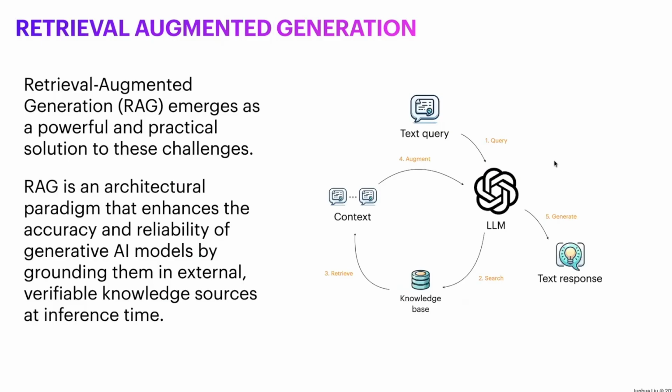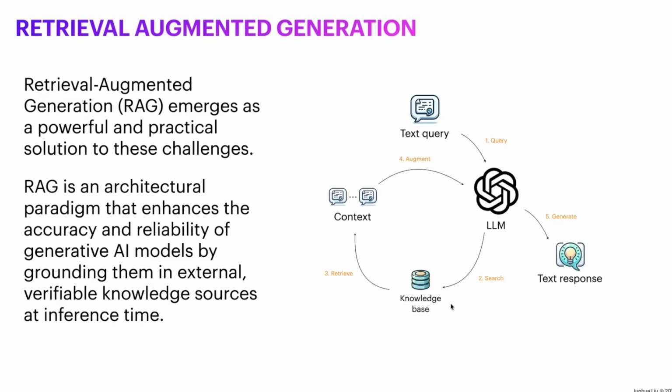Okay, today we will introduce the concept of retrieval augmented generation, which is a context generation technique. This is an overview of how retrieval augmented generation works. When a user passes a text query, instead of asking the LLM to generate the text directly, we let the same or a different LLM search a knowledge base.